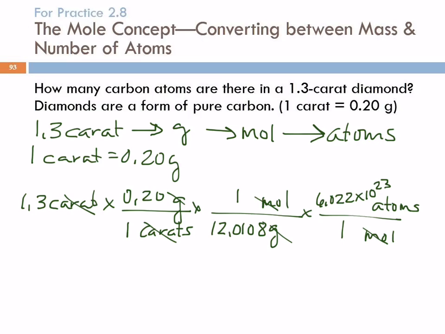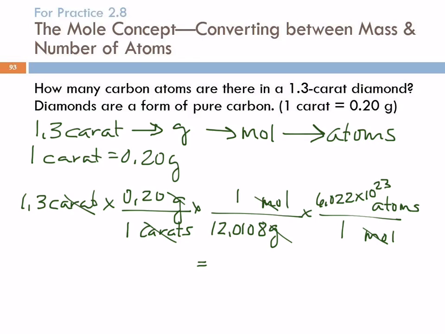You did the 12.0108 because that's carbon, right? Because it's carbon. And I was using the periodic table on the wall. What I usually do is, a lot of these I have 4 sig figs memorized, and so I would normally just do 12.01. 1.3 times 0.2 divided by 12.0108 times 6.022 EE23.